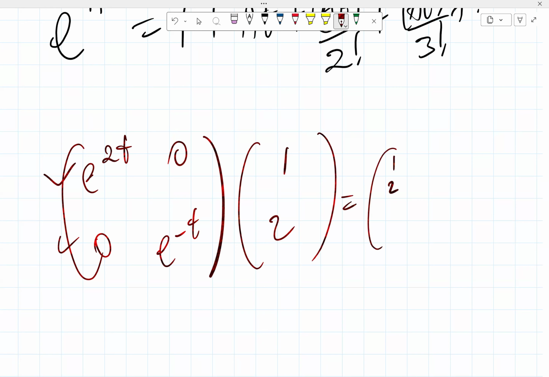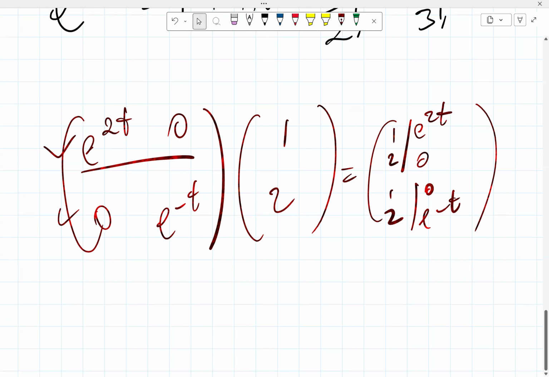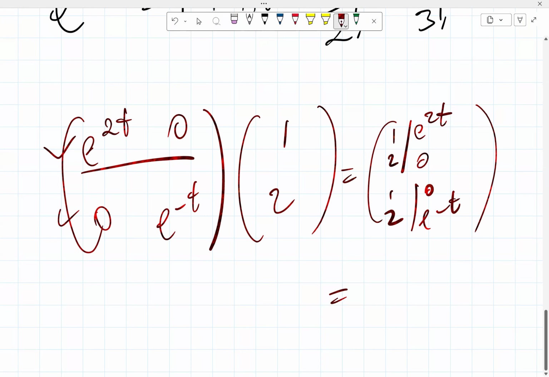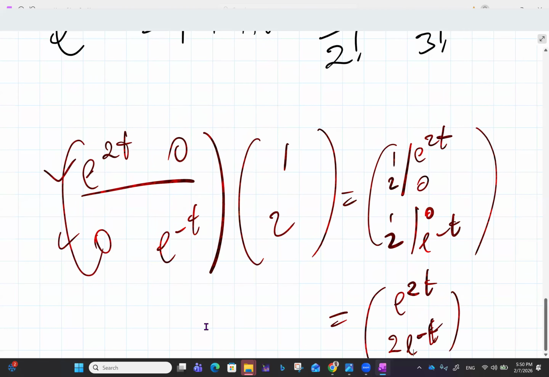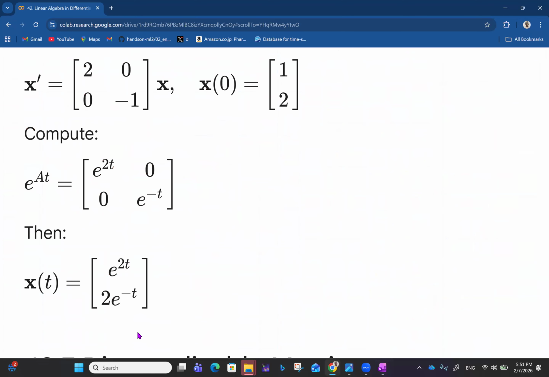So you have 1, 2, 1, 2, and then put this over it, e raised to the power 2t, 0, and here you have 0, e raised to the power minus t. So if you put all that together, this would be e raised to the power 2t up there, and 2 e raised to the power minus t down there. That's what you have in that situation, and that's exactly what is right here: e raised to the power 2t and 2 e raised to the power minus t.